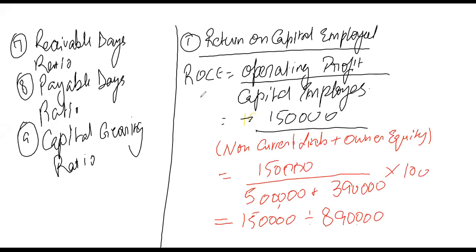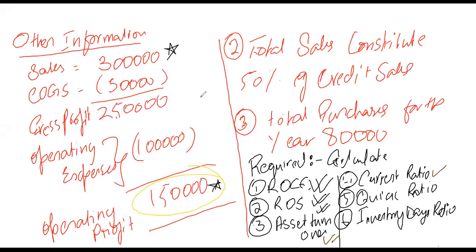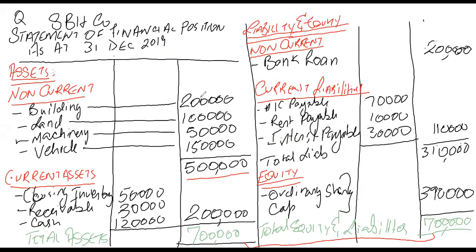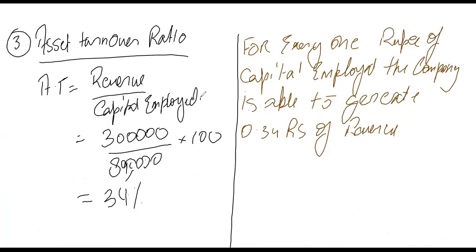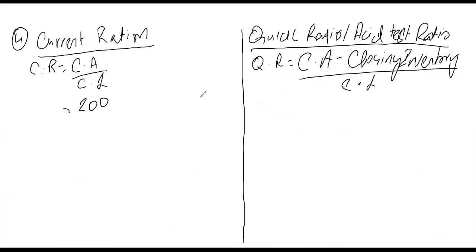In this scenario, the current assets of the company constitute 200,000, and the current liabilities constitute 110,000. Let me write the answers: 200,000 divided by 110,000.